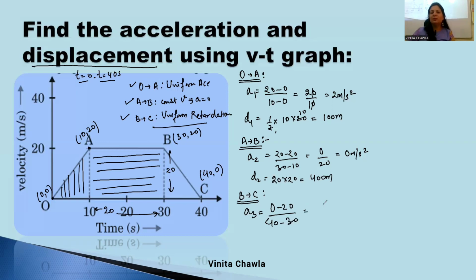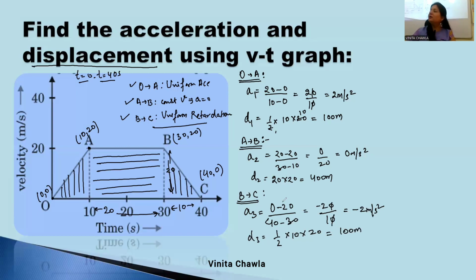So it's minus 20 upon 10, minus 2 meter per second square. And we can also find displacement. Displacement is again the area under this curve. It's a triangle, base is 10, and height is 20. So half into base into height, half into 10 into 20, so it's 100 meter.